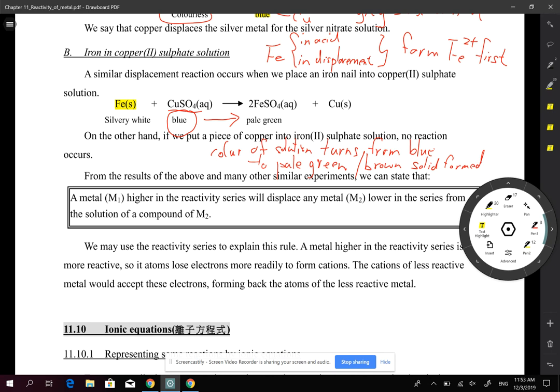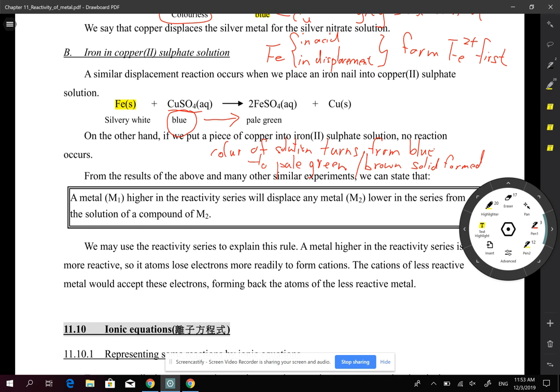So usually for displacement reactions, we will not use potassium, sodium, and also calcium. These three metals are too reactive. They will directly react with water instead of displacing the less reactive metal. If you have two reactions that can occur, the one that reacts faster will take place.